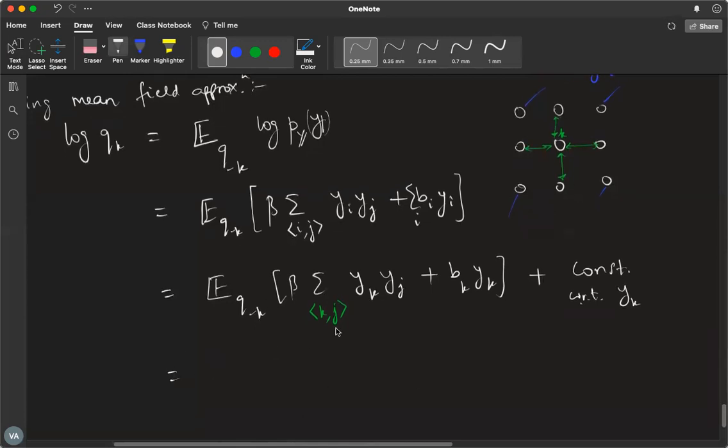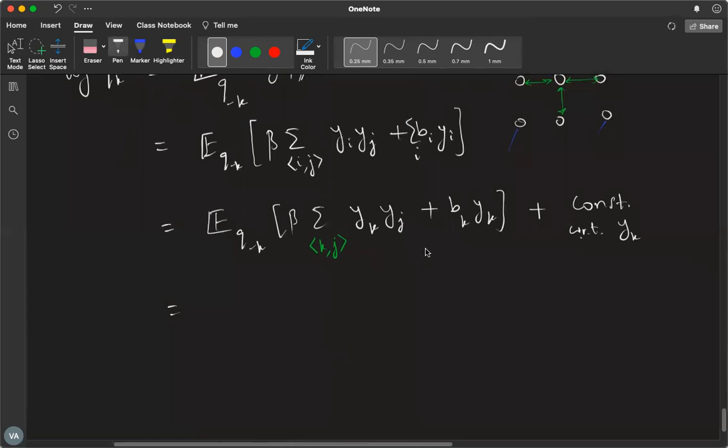So now let's look at this term. I have to open it up: beta. See, the expectation value can go inside, summation over all k comma j, all the neighbors of k basically, and the expectation of yk yj. Now see, this distribution does not have qk, right? So yk is simply a constant with respect to this distribution, so yk can come out. The random variable yj is contained in this joint distribution, so this will be simply an expectation value over yj.